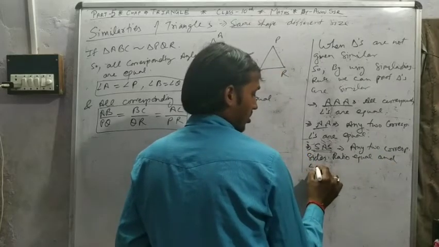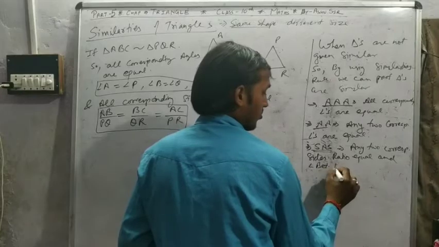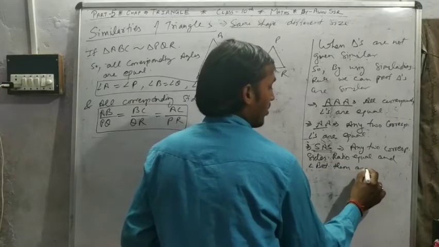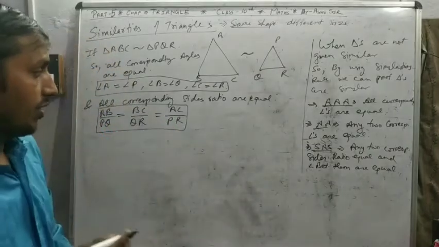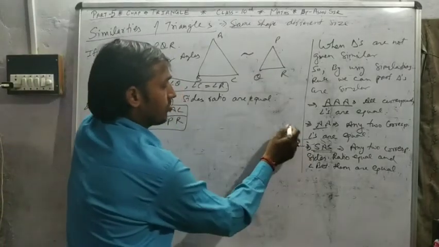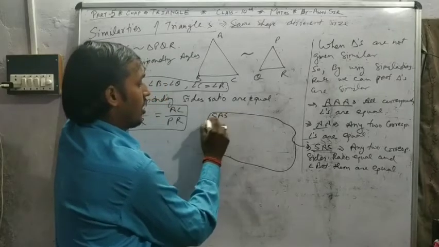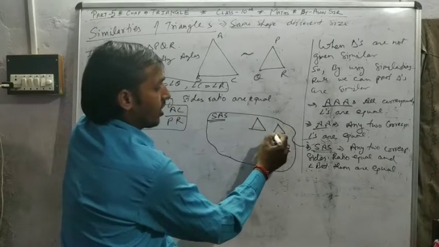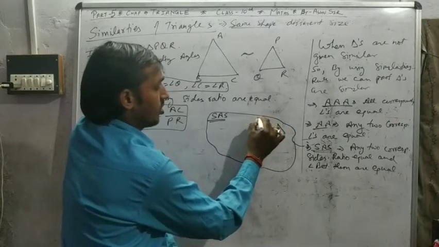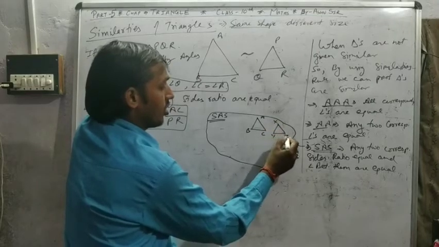and the angle between them are equal. We explain this SAS. Suppose these two triangles ABC, XYZ.